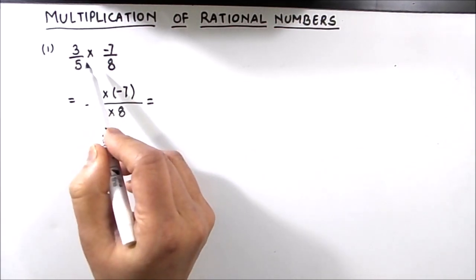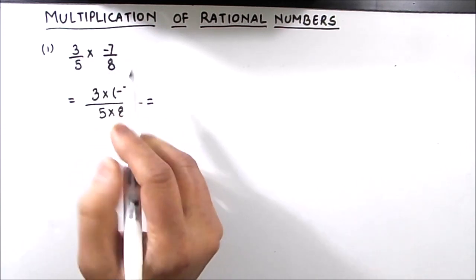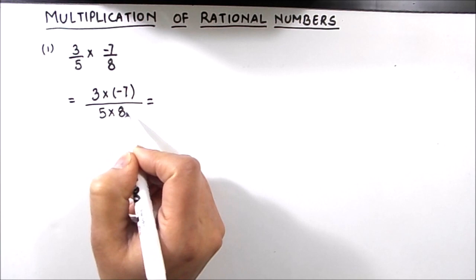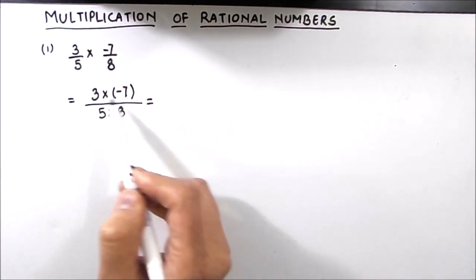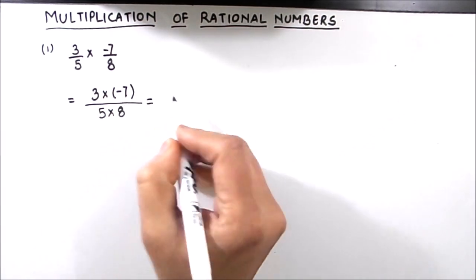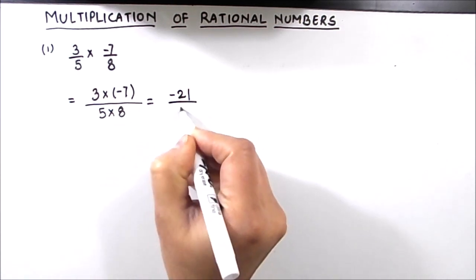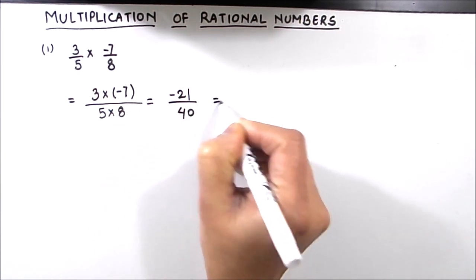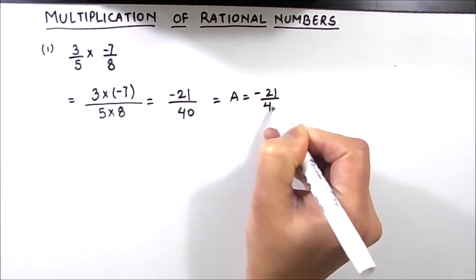As there is a multiplication sign in between the two rational numbers, both the numerators and denominators will get multiplied. We can cancel out the terms with the common factors, but here there are no common factors. We'll write it as 3 times negative 7 is negative 21 and 5 times 8 is 40. So the final answer is negative 21 by 40.